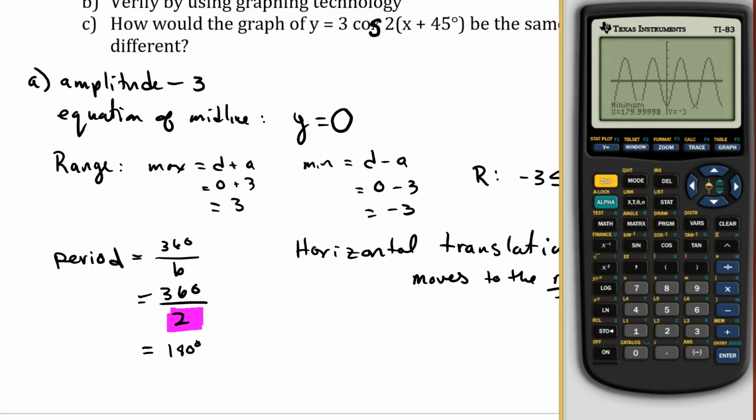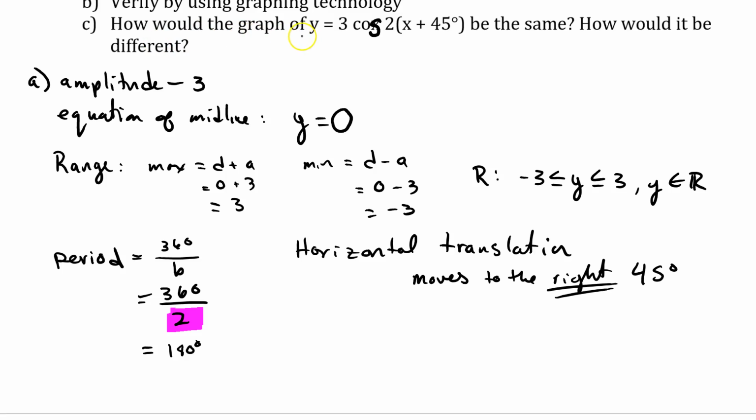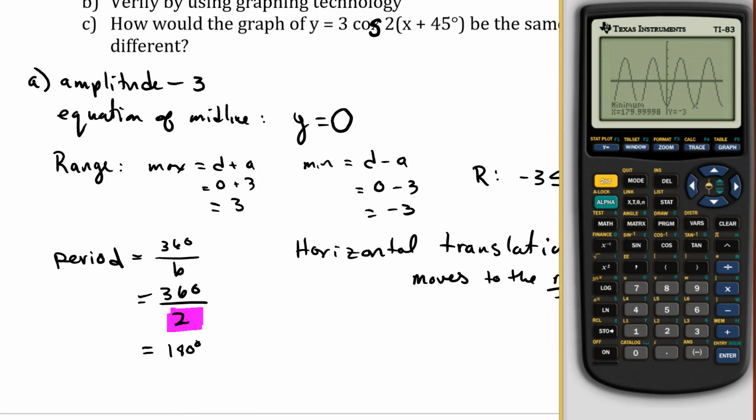Perfect. Now, how would the graph of y equals 3 cos 2 times x plus 45 be, would it be the same or would it be different? I don't know. Let's figure it out. So I'm going to go here, and what I want to do is make it a different line. Okay, so this is going to be a little bit thicker.